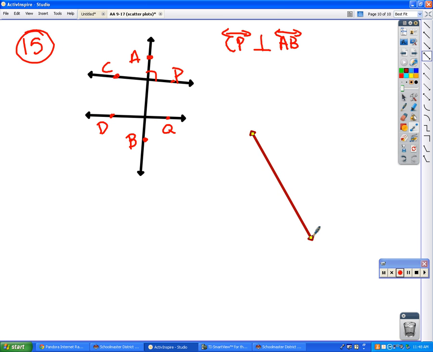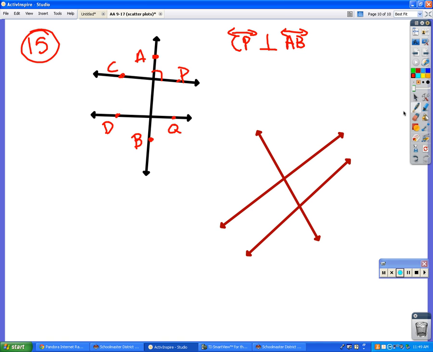So now we have one line going this way and two this way, and these are marked up. G, H. Okay, what lines in that diagram are perpendicular? None.